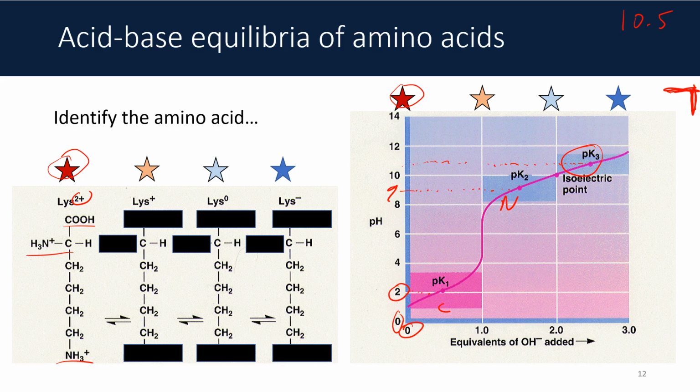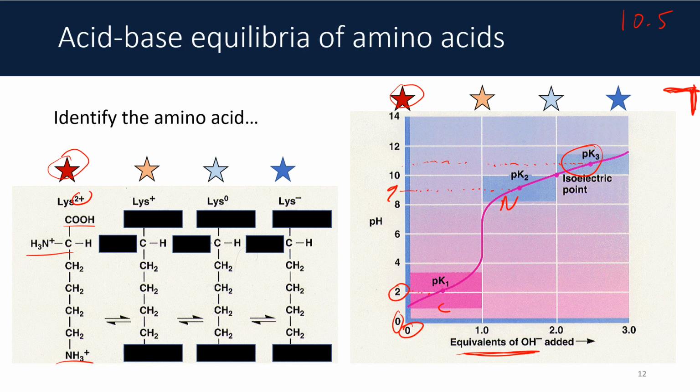Ask yourself, of these three entities, which is the most acidic? The most acidic group will be the most easily deprotonated by the hydroxide we're adding in. And I'm noticing that the carboxylic acid is going to be quite acidic.